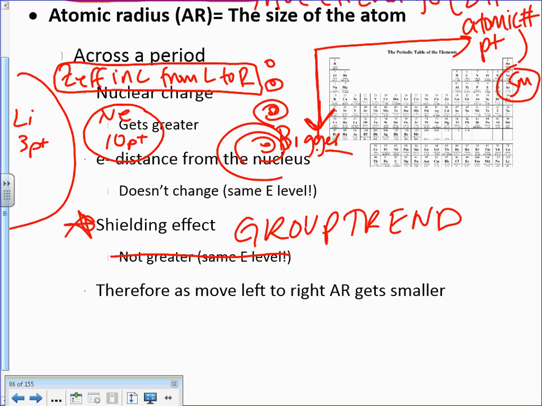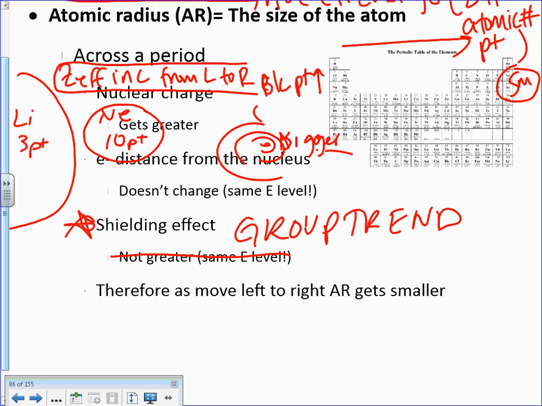And why does it increase, guys? Because the atomic number increases, but what is that actually describing? Atomic number, protons. ZEF is increasing from left to right because protons increase.